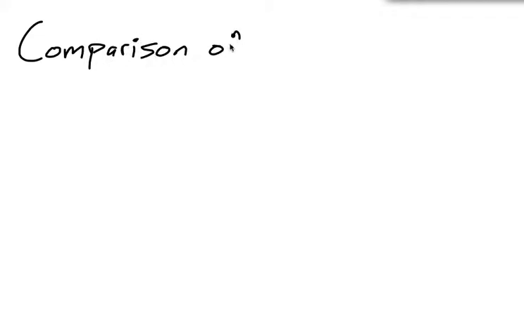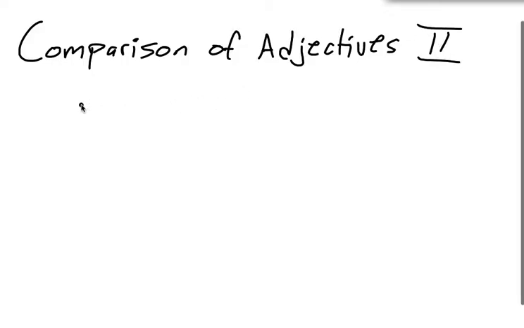Today we're talking about the comparison of adjectives, part 2. And really what we're talking about today is irregular comparatives.